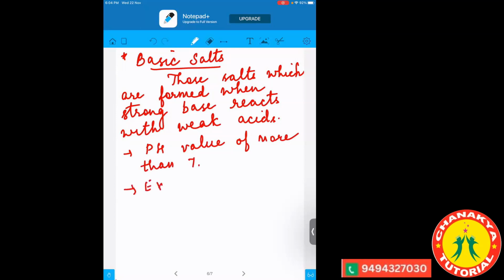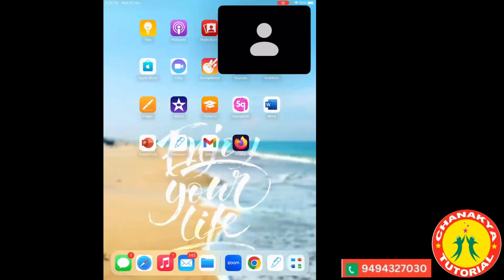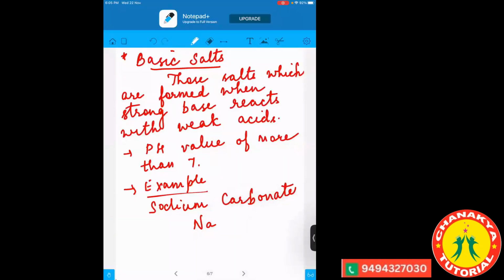Coming to the examples, the first example is sodium carbonate. Here again, we usually write sodium as Na, but since carbonate also has some valency with it, it will be changed into Na2CO3.